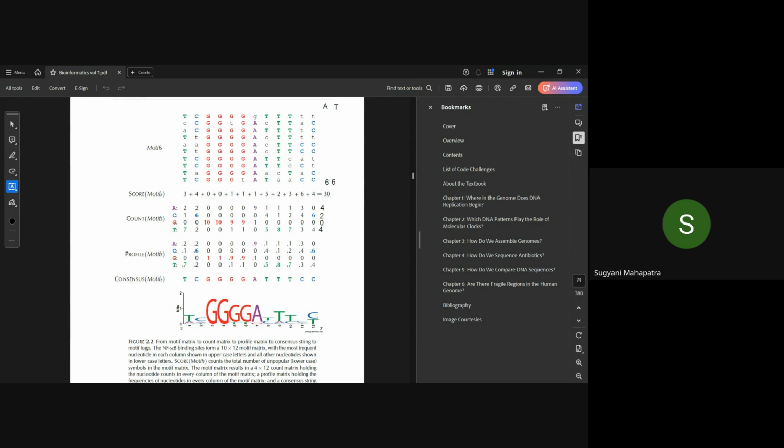So consensus means we don't know what the reference genome is. We don't know what the reference motif is. So we don't know what should be at this particular position. What we are doing is taking all of these samples, reading these nucleotides at every position, and finding what nucleotide is present in the maximum number of samples.